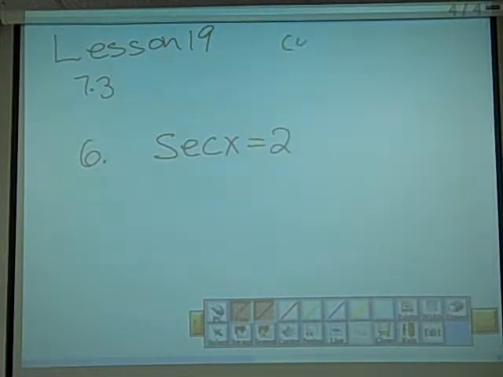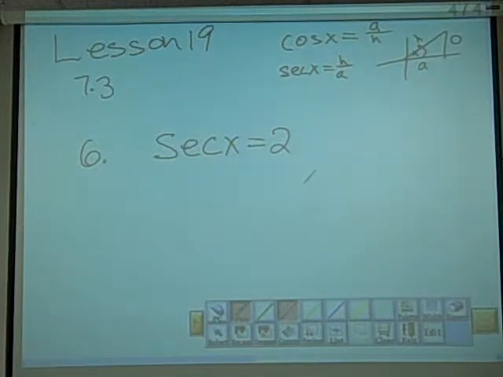Now, if cosine x equals adjacent over hypotenuse in a triangle, here's adjacent, hypotenuse, opposite side, here's angle x, secant x is hypotenuse over adjacent.